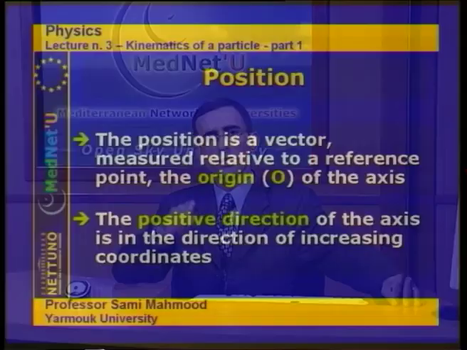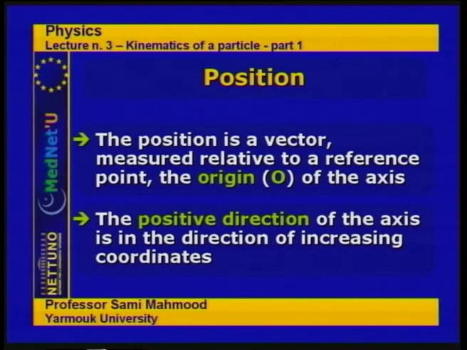So how do we define the direction in that sense? In the case of the motion of a single particle along a straight line, we define the positive direction as being the direction in which the coordinate increases. If we consider the x-axis, we usually consider the right-hand side as being the positive.